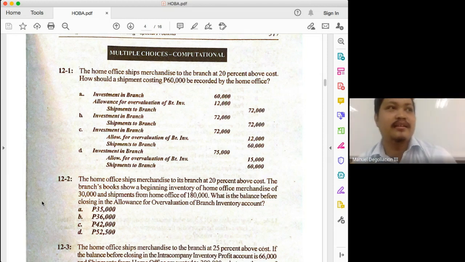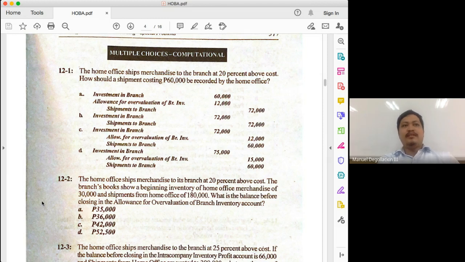The answer is yes. Because how then would this transaction be recorded by the branch? The entry in the books of the branch would have been debit, shipments from home office, and credit, home office. No difference as to the debit and credit, but where will the difference lie? On the amount. How much would be the debit to your shipments from home office, and how much would be the credit to the home office account?